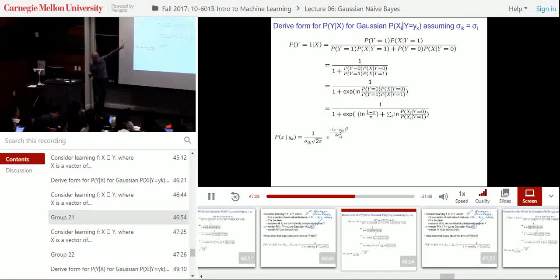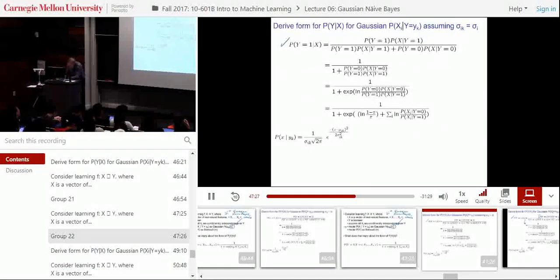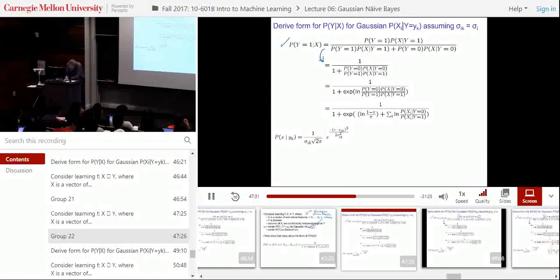So I'm going to just start with my usual Bayes rule, which is here, right? The probability of y equals 1 given x is just Bayes rule. And then in this first step, all I do is divide every term by the numerator up there. Divide every term by this quantity.